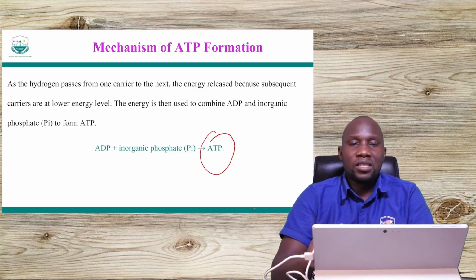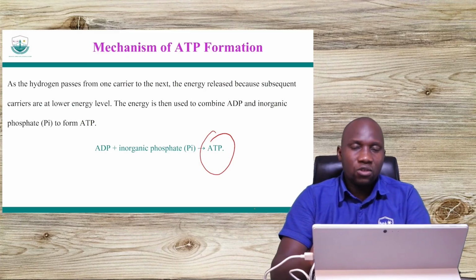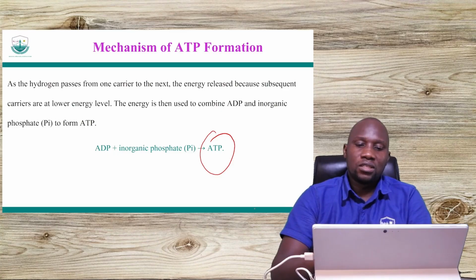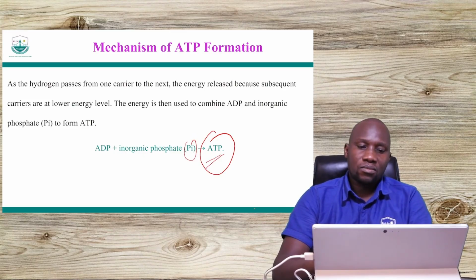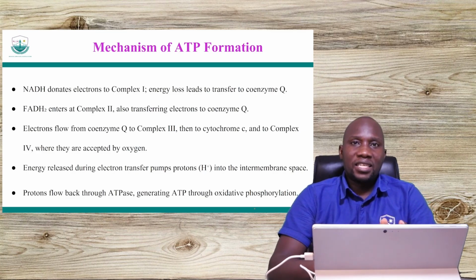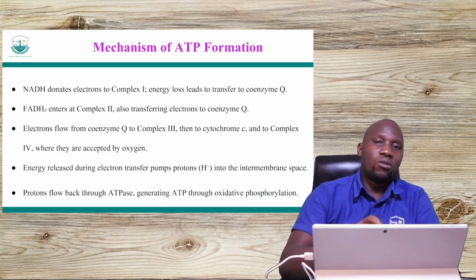And ATP is formed when you have adenosine diphosphate combining with an inorganic phosphate, which you often represent as Pi, to form adenosine triphosphate.